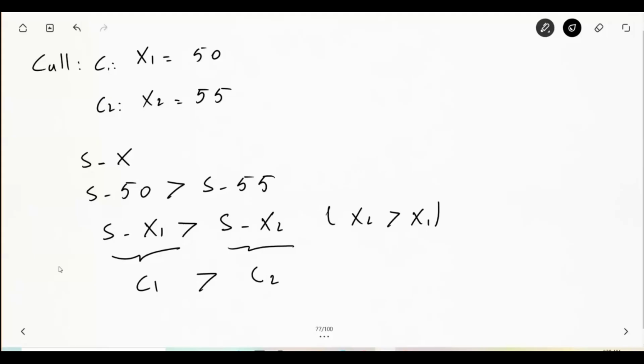However, I cannot exercise C2. So mainly C1 will always have a higher value relative to C2. So the call option with the lower strike price will have a higher call option value.